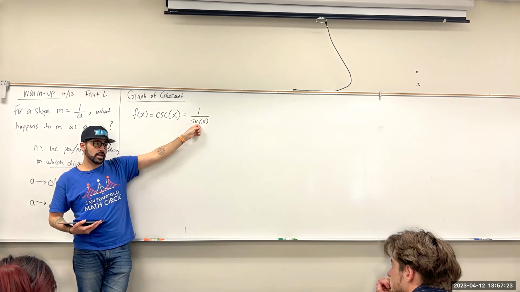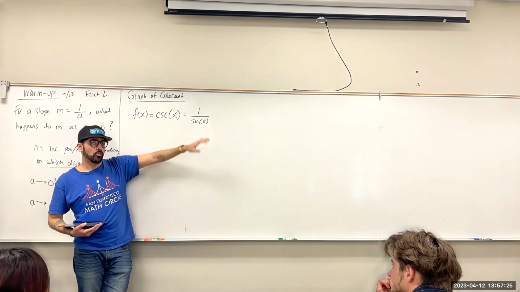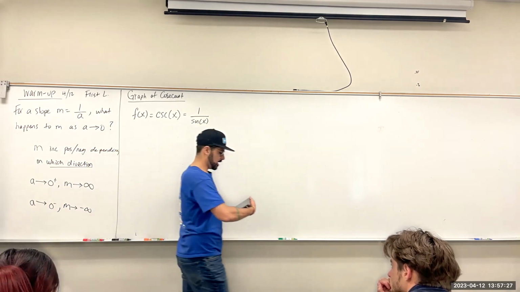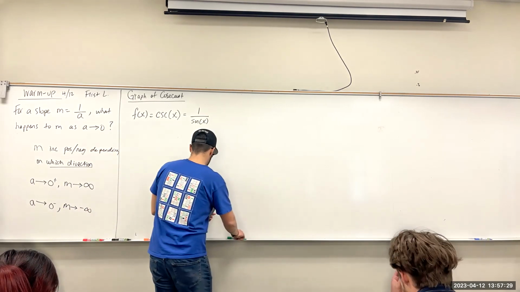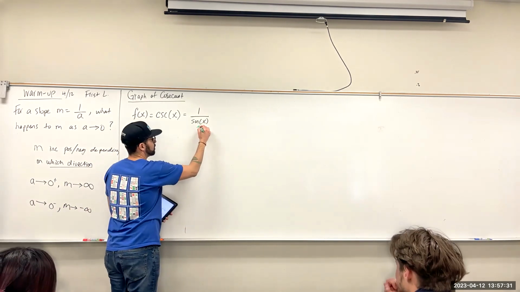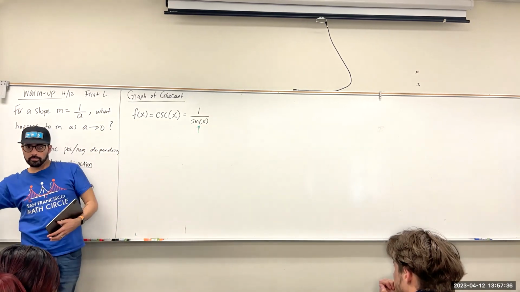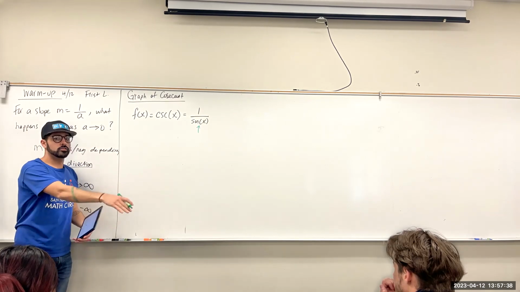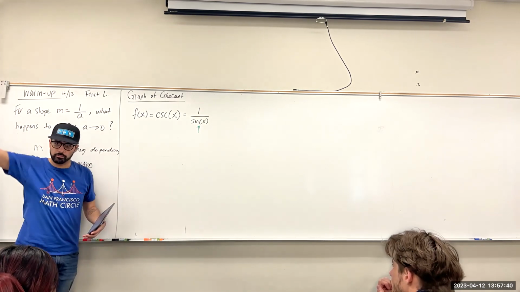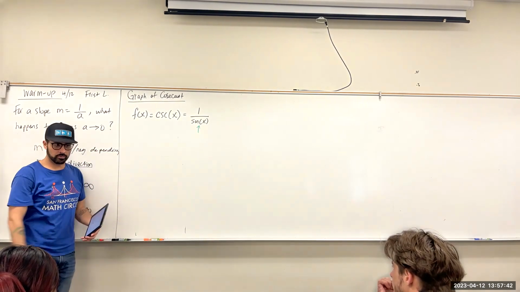So we don't want sine to be 0. At which angles is sine going to be 0? 0, 180 or pi, 2 pi, 3 pi, all the multiples of pi. And the odd multiples as well.